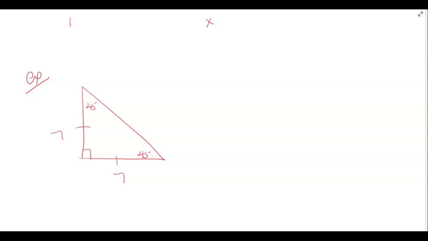But then because we're in a 45, 45, remember I just drew you a triangle that said that the side lengths of a 45 can be represented like this. So you can take that 7 and multiply times the square root of 2, and that is your missing side length. All right? A whole lot faster than the Pythagorean theorem.